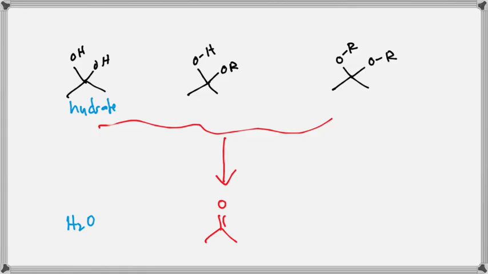The next one's known as a hemiacetal. And if I took the hemiacetal back to my carbonyl, what I will end up producing is the alcohol.